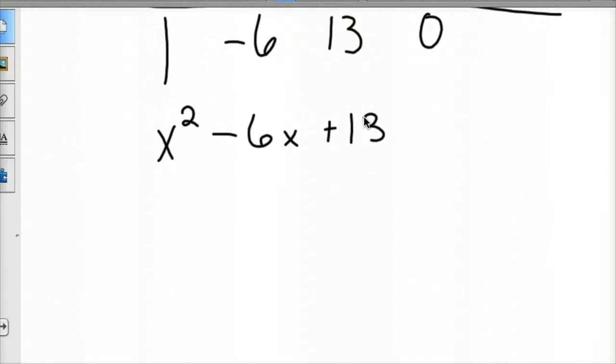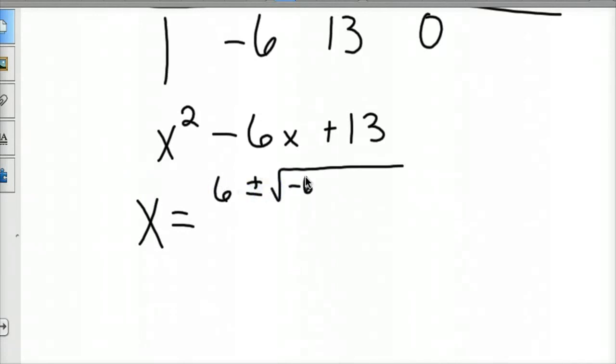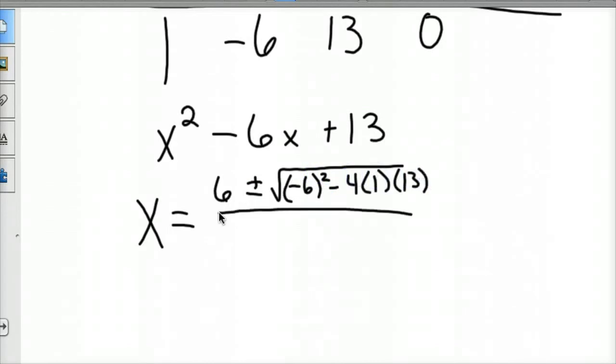So to find the rest of the roots of this new polynomial, or how it factors, you just plug it into the quadratic formula. So x equals negative b, which would be 6, plus or minus the square root of negative 6 squared minus 4 times 1 times 13, all over 2a, which would be 2 times 1.